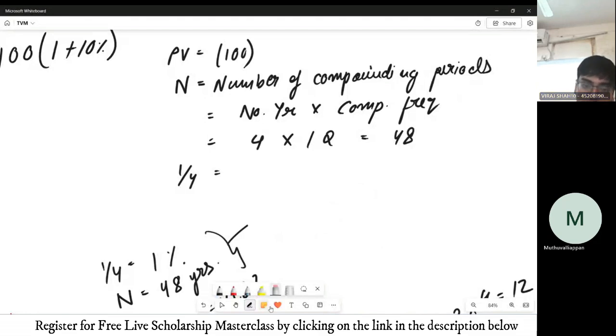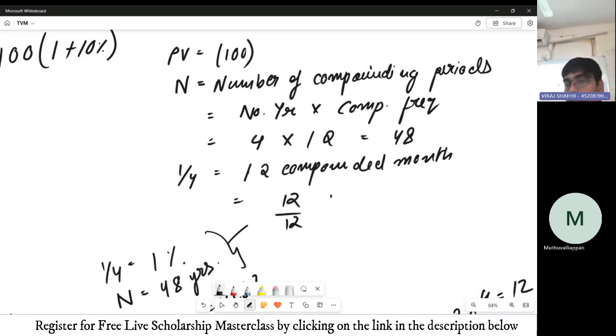So, I mentioned 12% compounded monthly, right? 12% compounded monthly is equal to 12 by 12 compounded periodically. ठीक है?